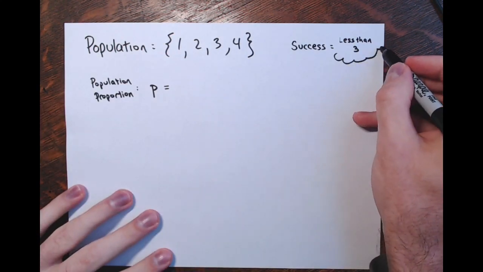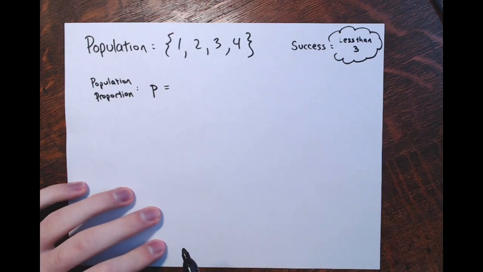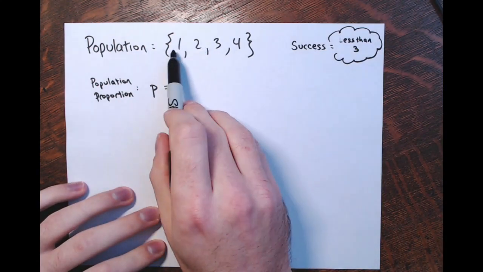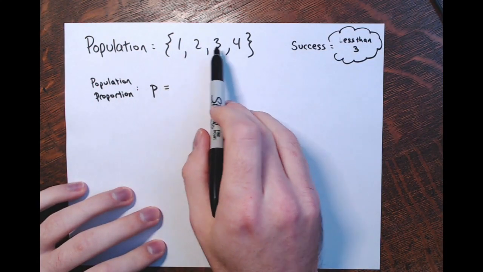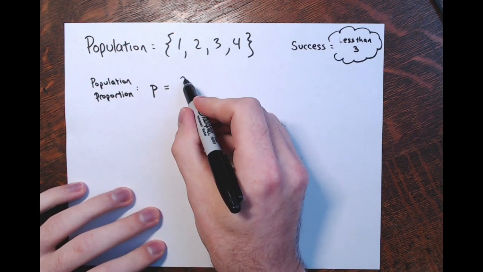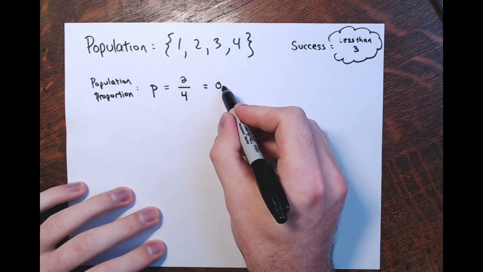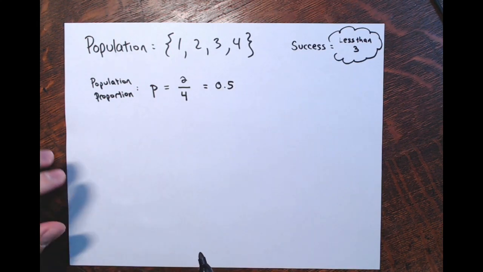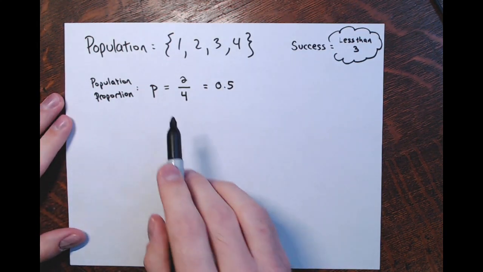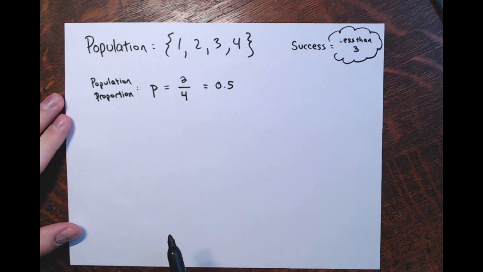Here I'm considering a success being less than 3. There are only 2 numbers in here less than 3 out of the 4, so 2 out of 4, or a half, 0.5. So that's the population proportion.